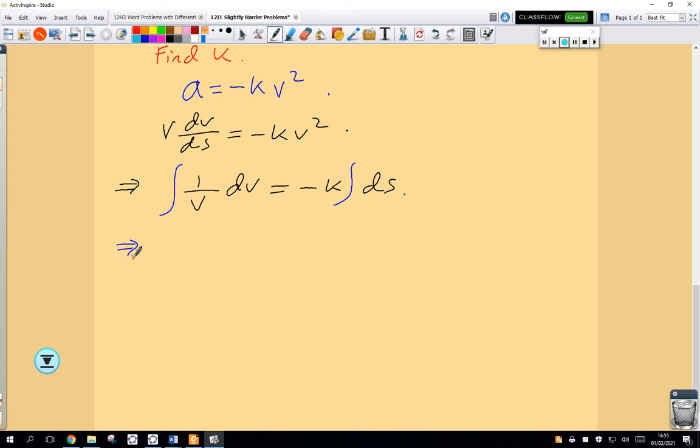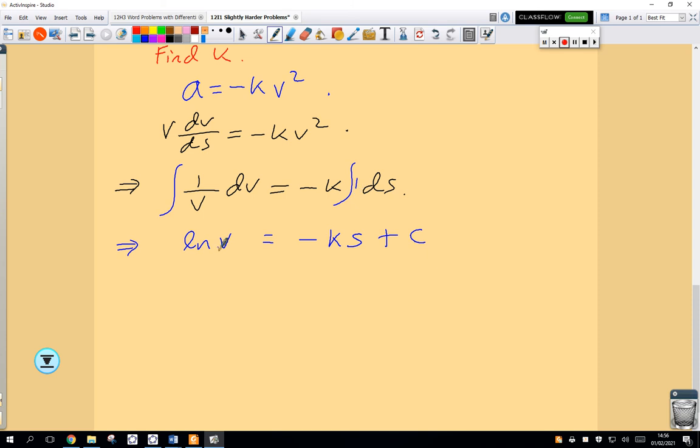The antiderivative of 1 over v is the natural log of the absolute value of v, equal to negative k times s plus c. The antiderivative of 1 with respect to s is just s.